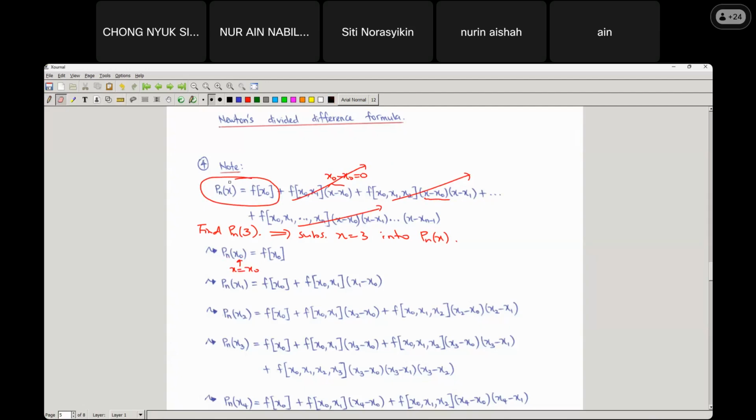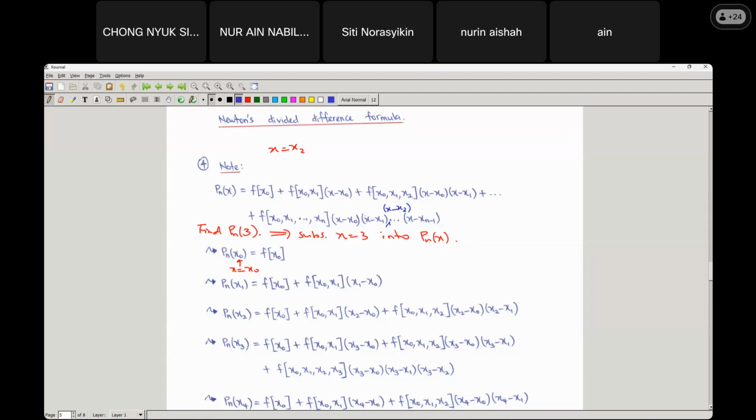I pick an arbitrary example. Let's say we pick x equal to x2. Here, if you look carefully, you have x minus x0, x minus x1, and the next one is x minus x2.